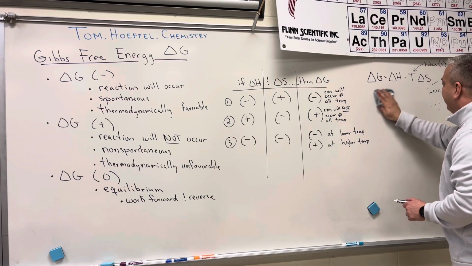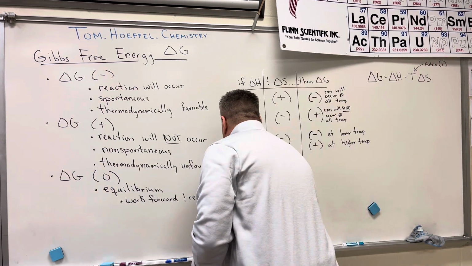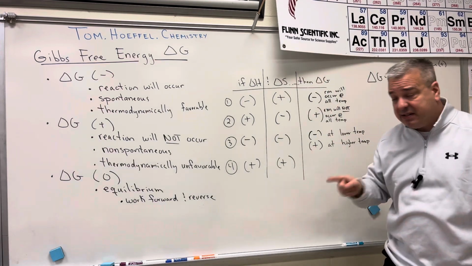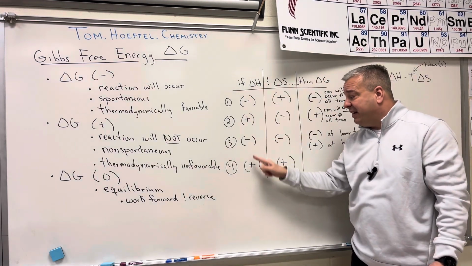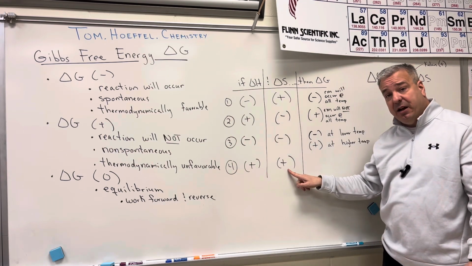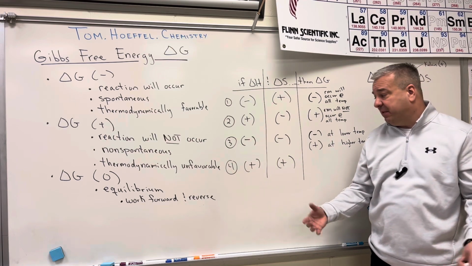Well, the last scenario is, what if the signs are both positive? Now remember, what this means is that you have an endothermic reaction, something that absorbs heat, but it's becoming disordered. What happens in that type of situation?